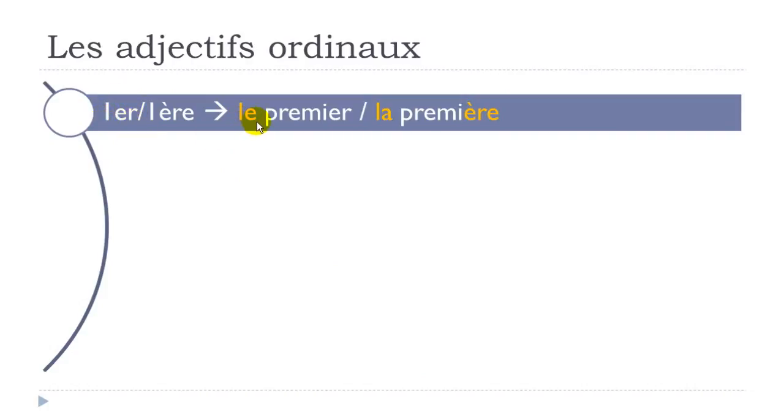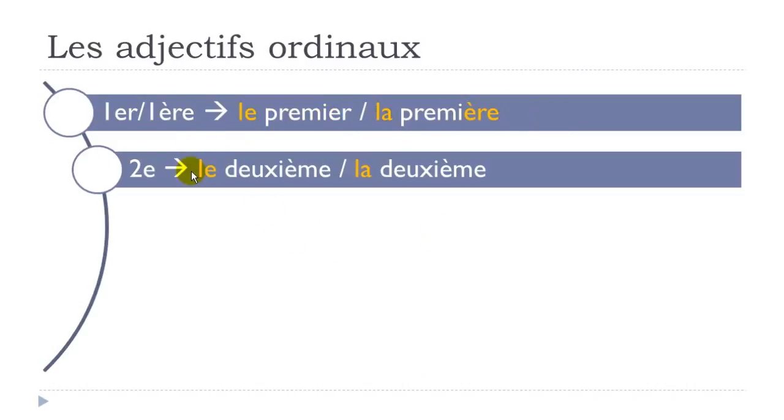So we'll pronounce them. Le premier, so the first, la première. Okay? Then, le deuxième, la deuxième. So in that case, it's only the le and la that will be different, because deuxième will be the same if you look at them.